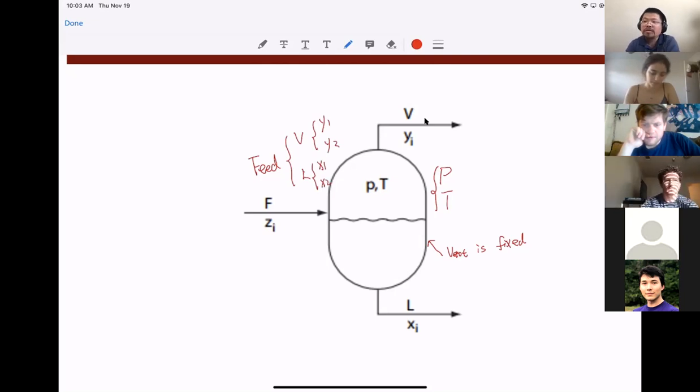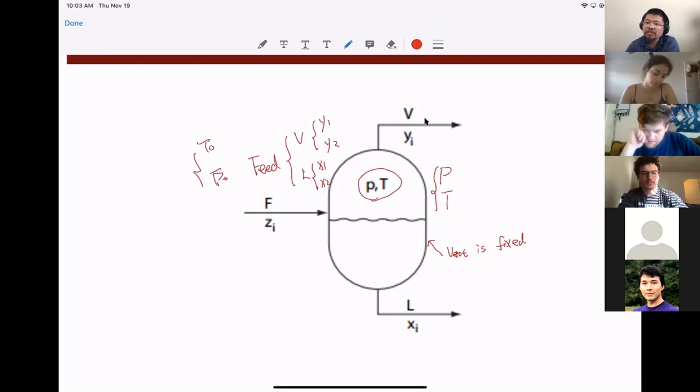So now the question is, we have this feed at maybe T naught, maybe P naught, and we are ready to use that feed for some production. And we need to change the feed thermal condition to a different temperature and pressure. And we need to understand, what would be the fate of that feed?